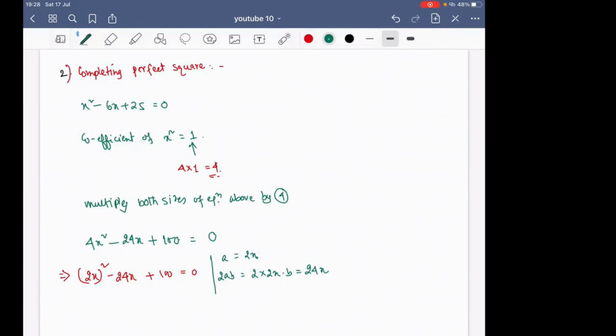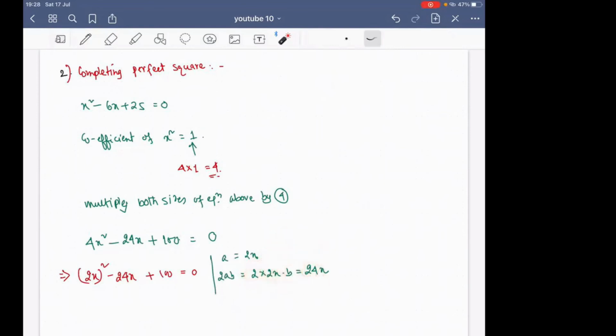So here, if you remove 2x from the 24x, if I remove x, what is remaining? 24, right? If you remove 2 from 24, that means if you divide it, you get 12. If you divide it again by 2, we get 6.